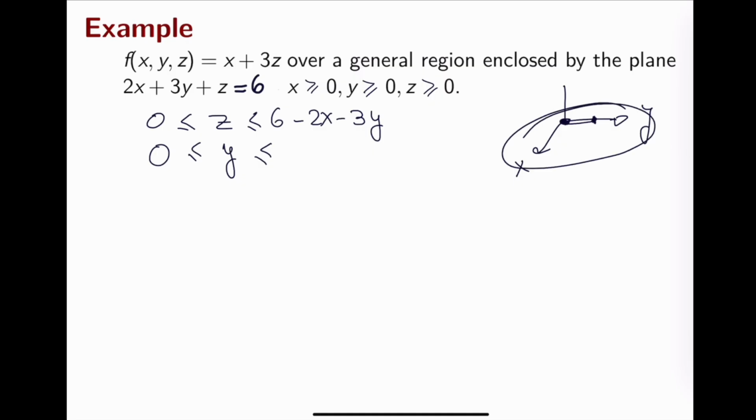xy plane. So let's calculate this intersection. This is just when z is equal to 0. If we put z equal to 0, we have that 2x plus 3y is equal to 6. And so we can see here that 3y is 6 minus 2x, and then y is equal to (6 minus 2x) over 3.